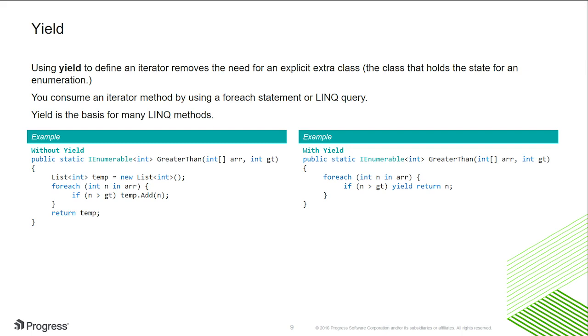We could do the same thing with the yield operator by yielding those out instead of building up a brand new list of integers and returning that list of integers. Interesting. So here we've eliminated that new list, and we're not adding to that list anymore. We're just returning it with yield instead. Oh, cool. So this is where those things start to combine to make a bigger picture.